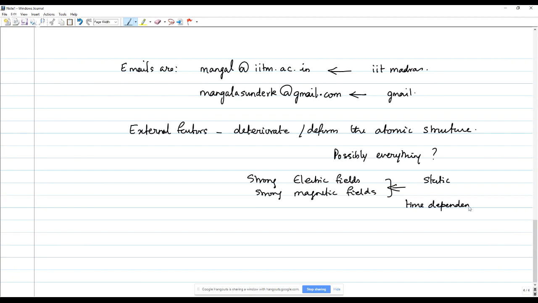The whole of spectroscopy is through the influence of the oscillating electric field and the magnetic field. That's the interaction with what is known as spectroscopy. So those are other examples.